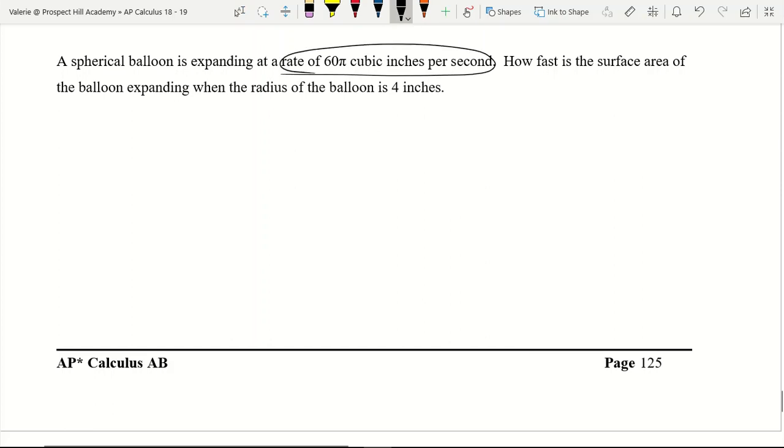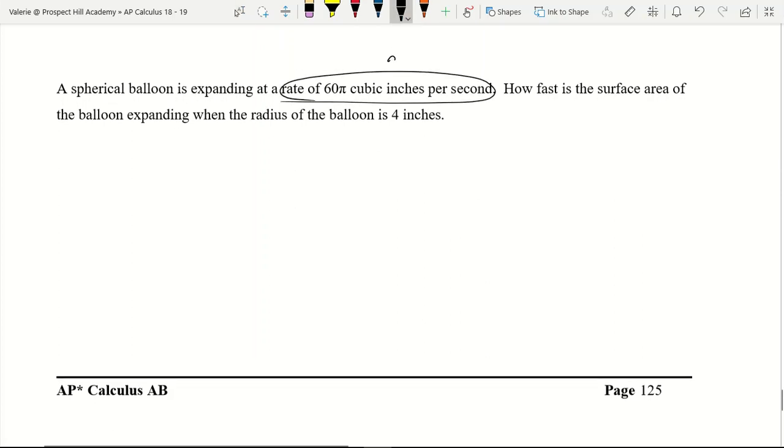So it's a rate with cubic inches per second. So this is going to be our dV dt. How fast is the surface area of the balloon expanding when the radius of the balloon is 4 inches? So we have radius equals 4, and we need dA dt, the rate of the surface area.